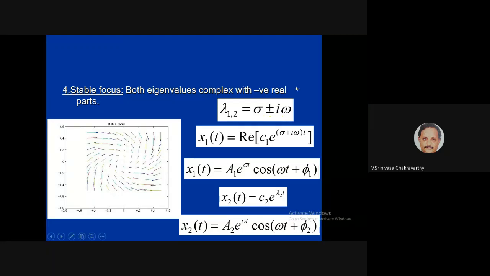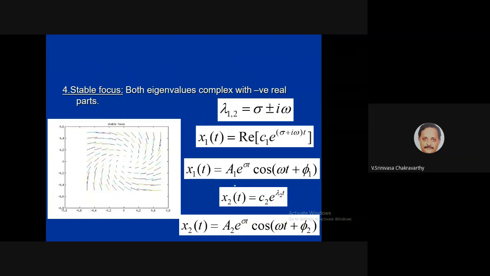So the two components will be: x1 is the real part of C1 times e to the power sigma plus i omega, times t, and x2 will be a similar thing. More generally, x1 will be a1 e^(sigma t) cos(omega t plus phi 1), and x2 will be a2 e^(sigma t) cos(omega t plus phi 2).